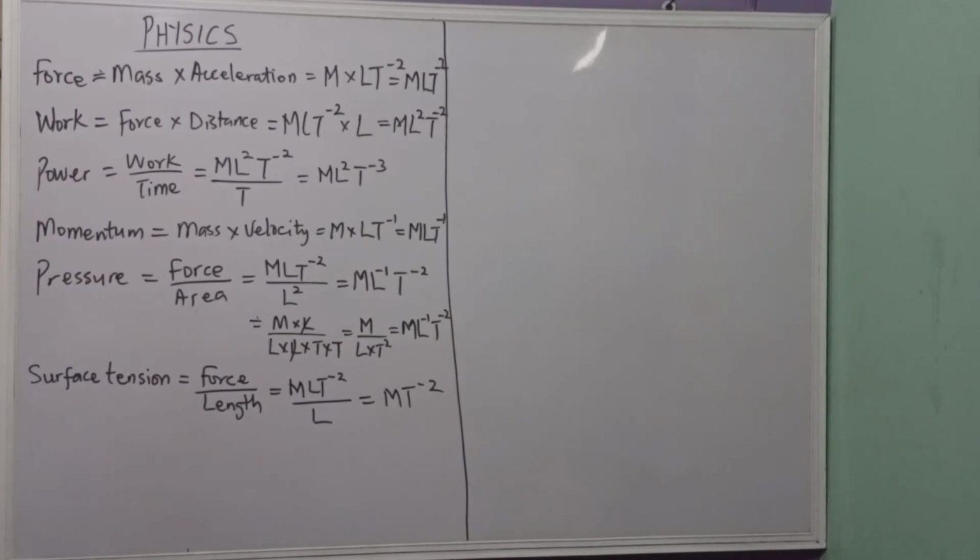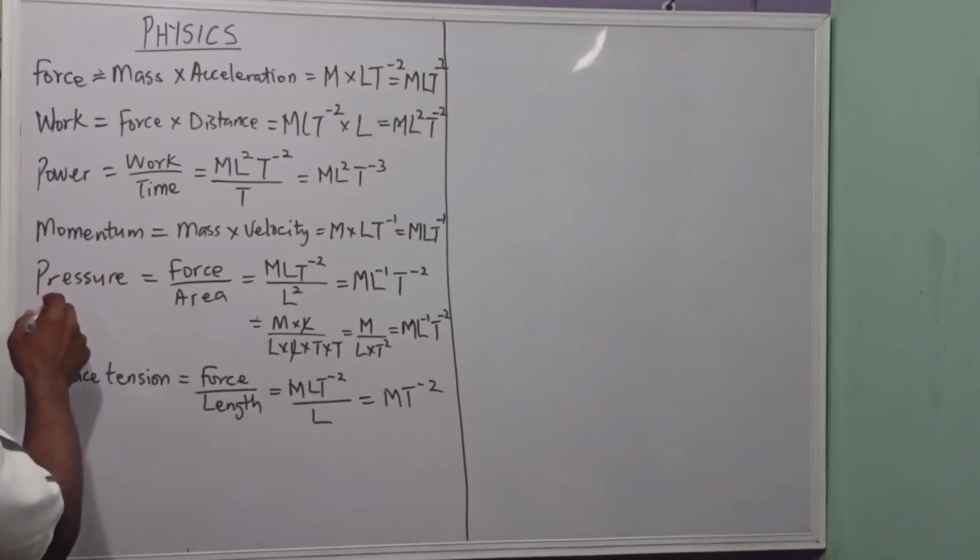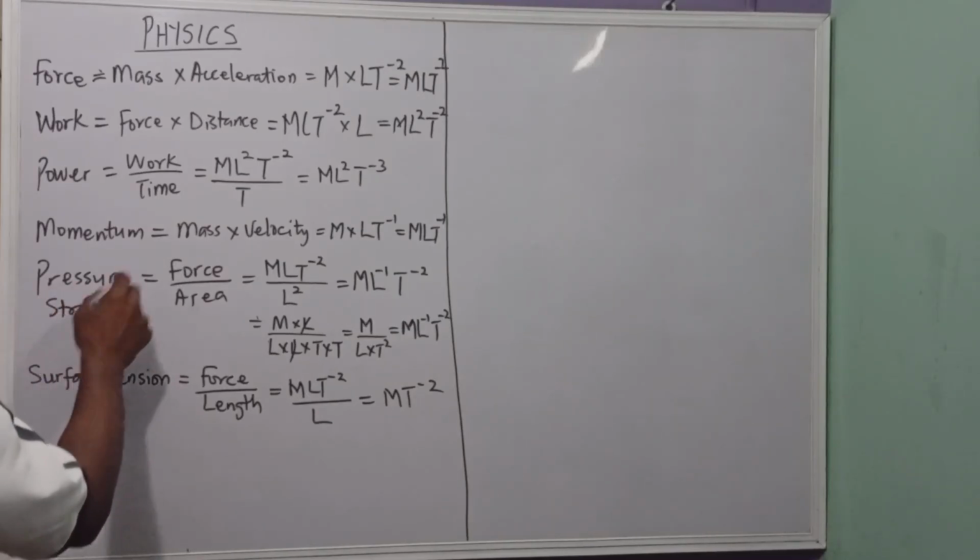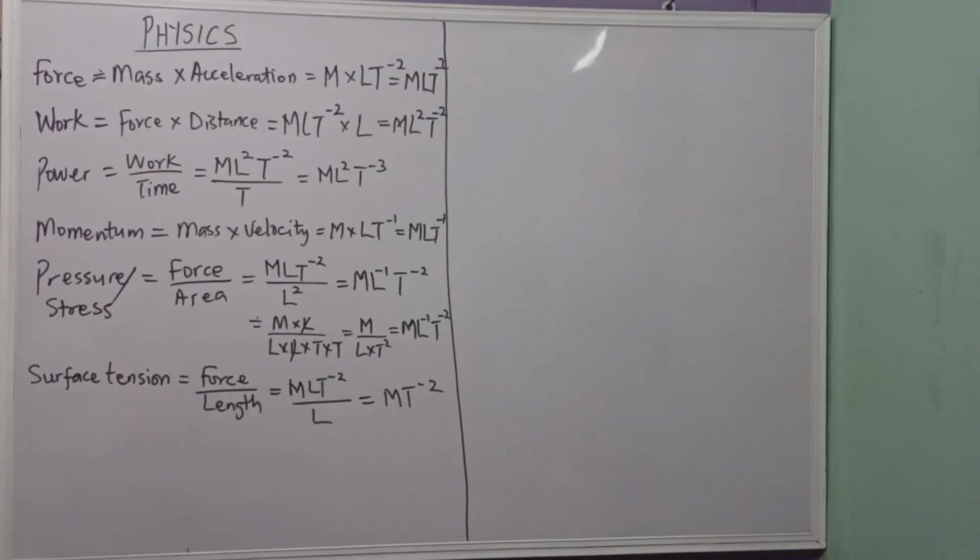Next we have stress. Stress is something like pressure, which is force over area, and we've calculated that to be M L raised to the power minus 1 T raised to the power minus 2. So that could be pressure or stress.